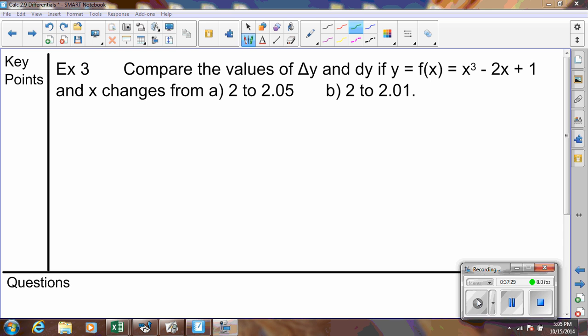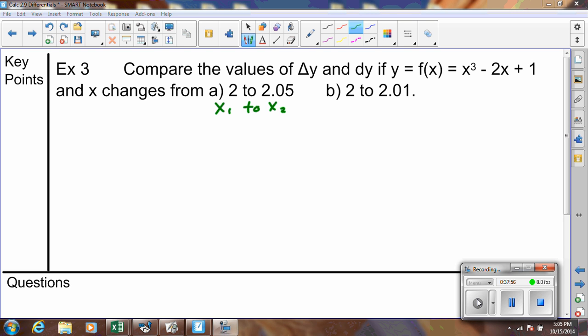Okay, so now how are we going to use our differentials? One thing that we would like to do is to compare the values of delta y and dy if f of x is equal to this function x cubed minus 2x plus 1. But we're doing them from an x1 value over to the x2 value. So here's where we're going to start.